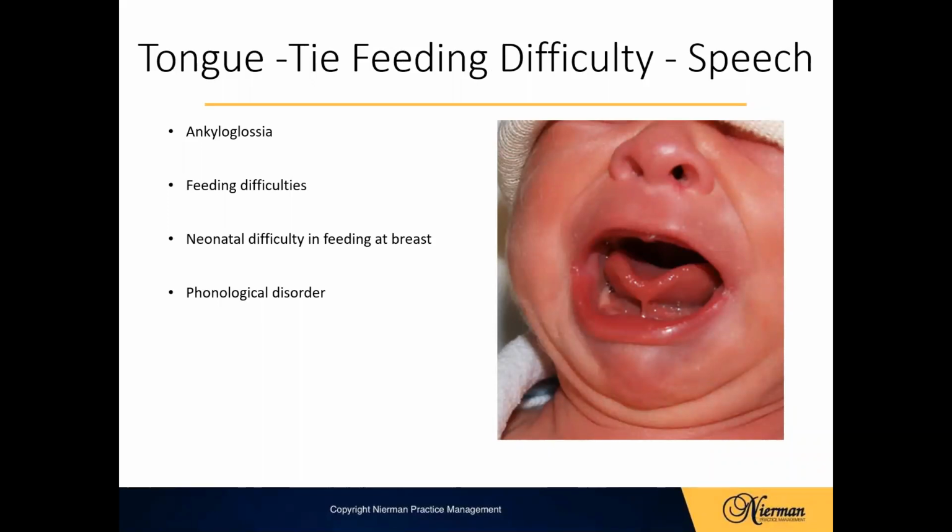A lot of the practices we work with are very excited. They've approached the pediatricians and said, okay, we've got the laser. We do this for the infants who are having trouble feeding. And they've actually built quite a nice side business.